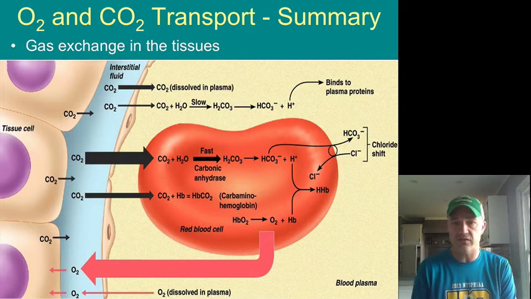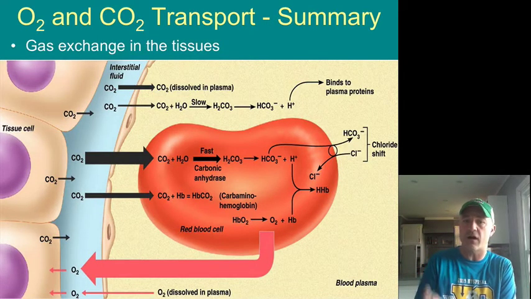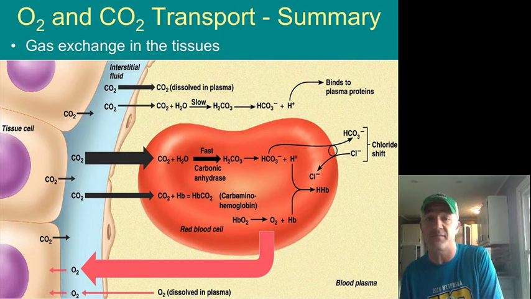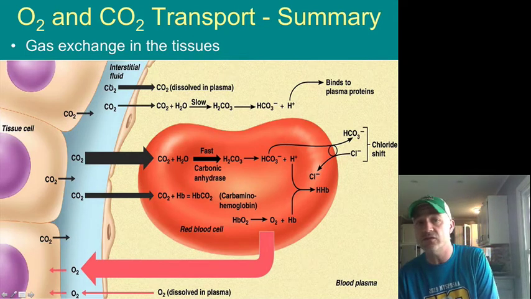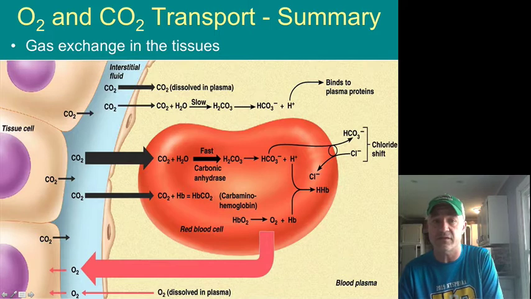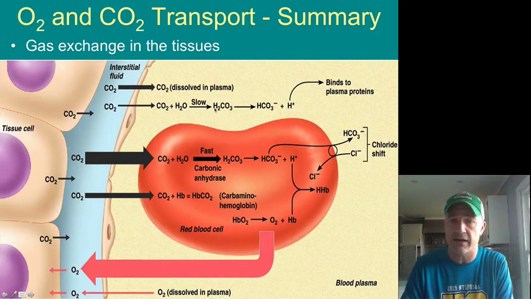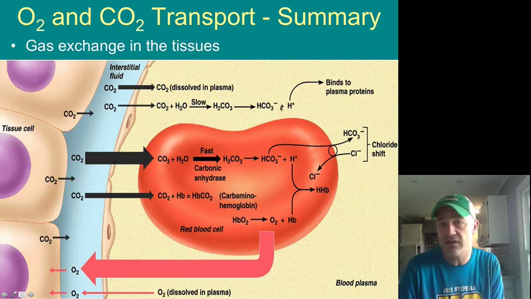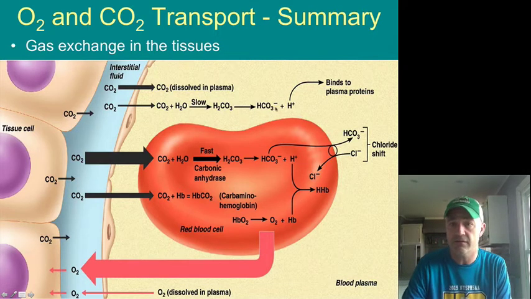When it gets to the tissues, because those partial pressures are opposite, all these things are going in the opposite direction. So CO2 comes from the tissue fluids into the bloodstream, dissolving in the plasma. CO2 goes through that carbonic anhydrase reaction, moving into the bloodstream, binding and becoming bicarbonate ion.